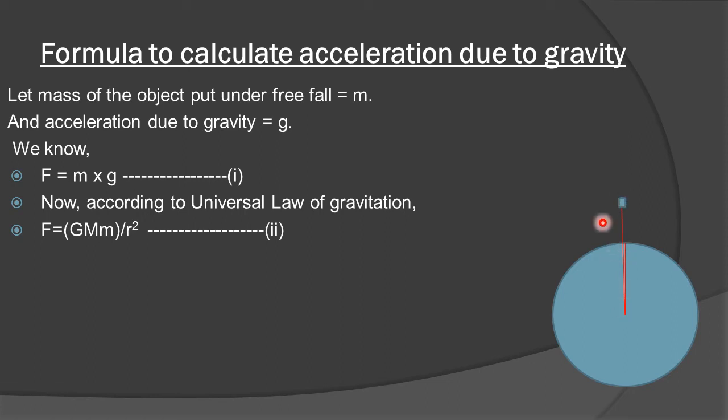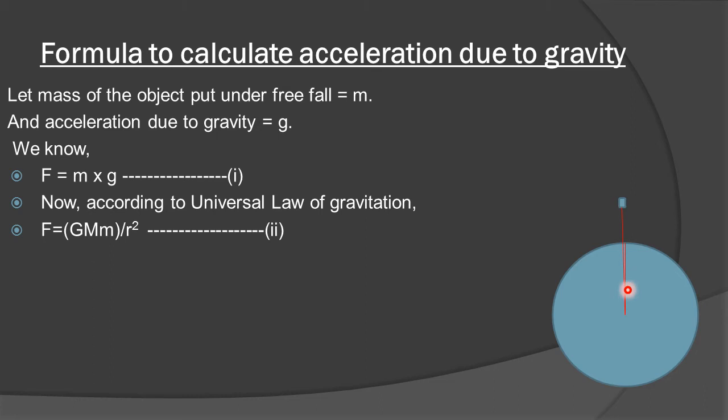Now see, here the object is not very far away from the earth's surface. We have assumed that. The object falling towards the earth's surface is close by, not very far away. So the distance from the earth's surface to the object is negligible as compared to the radius of the earth.